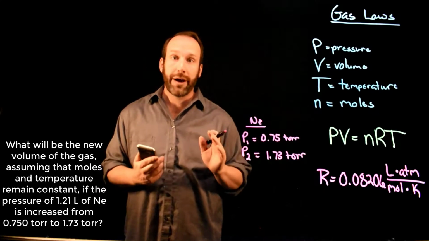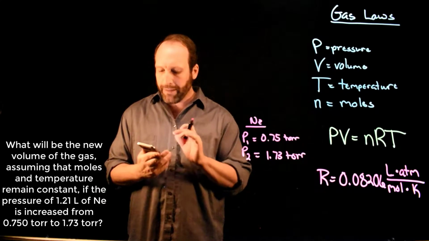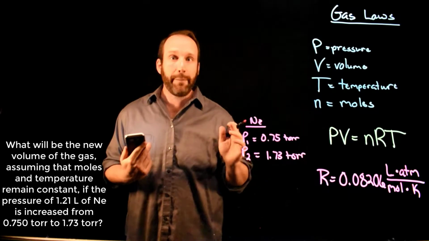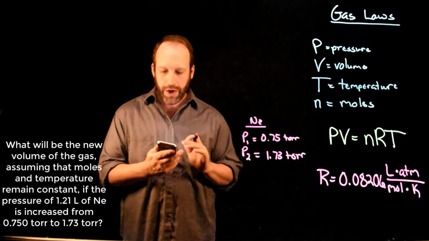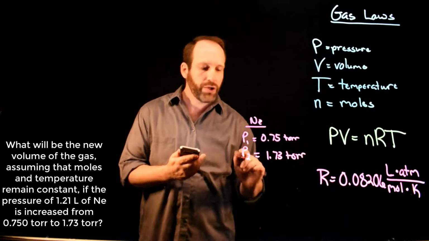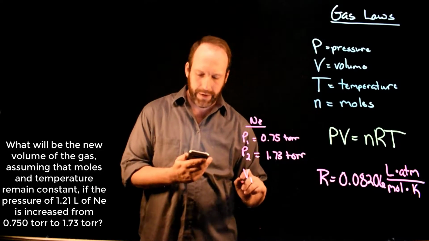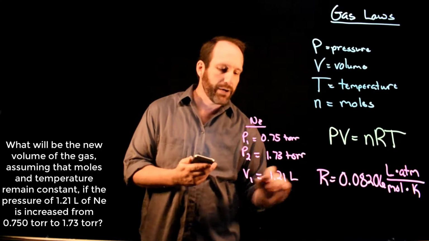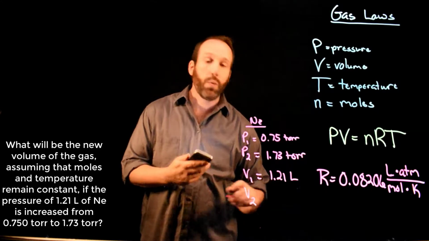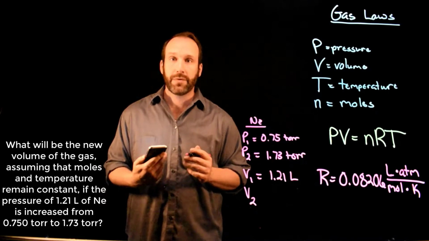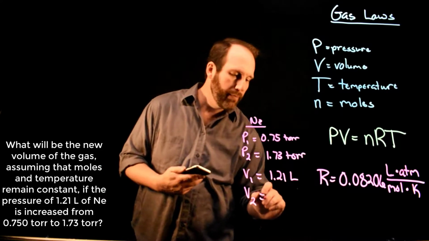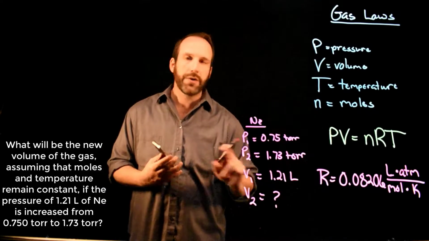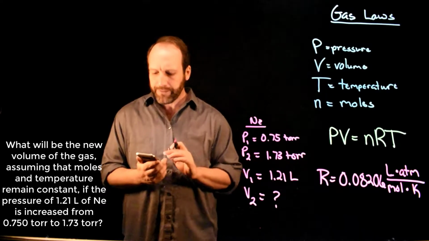Okay. So one of the things that we see here is that this sample of gas is undergoing a change in pressure. And so what the problem is asking us is, if the pressure changes, what happens to volume, right? We're told that the volume initially is equal to 1.21 liters, and we're asked, what's the new volume if our sample of neon undergoes this pressure change?